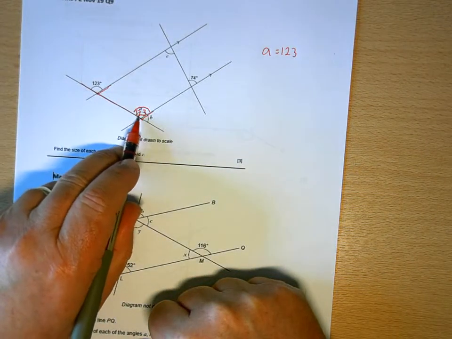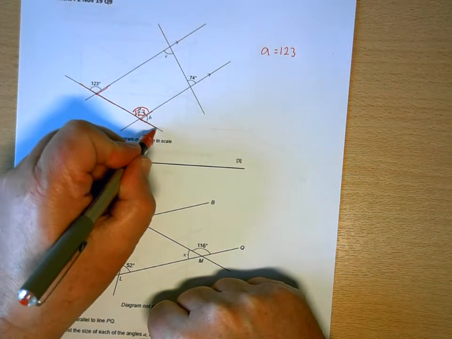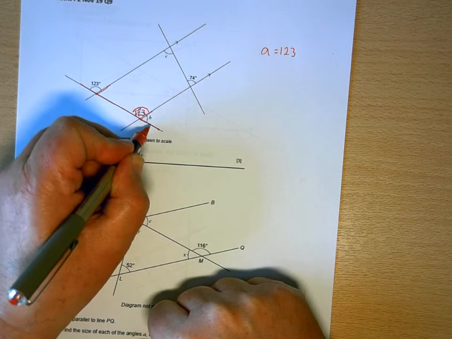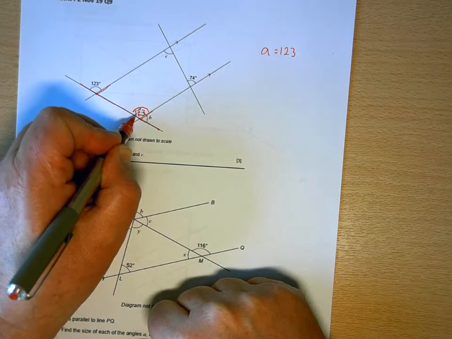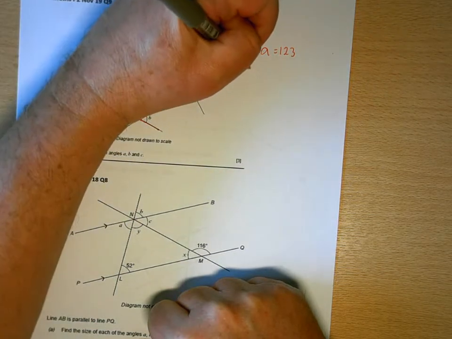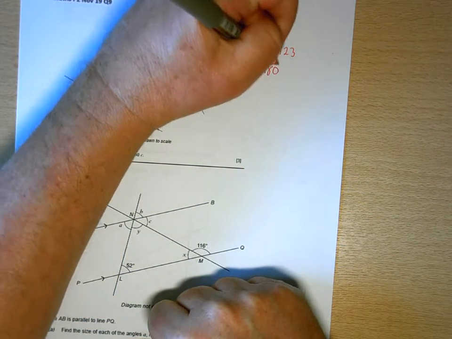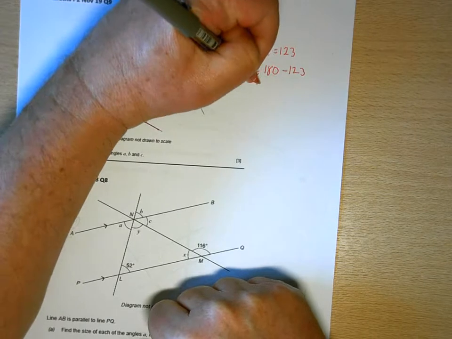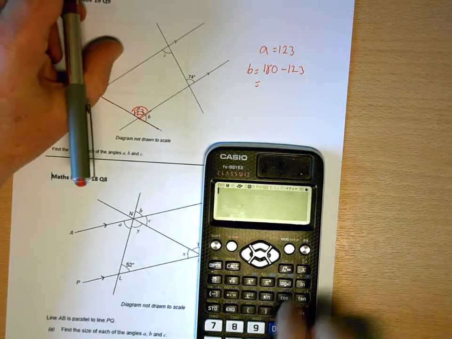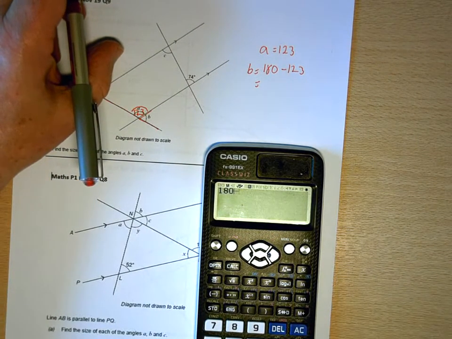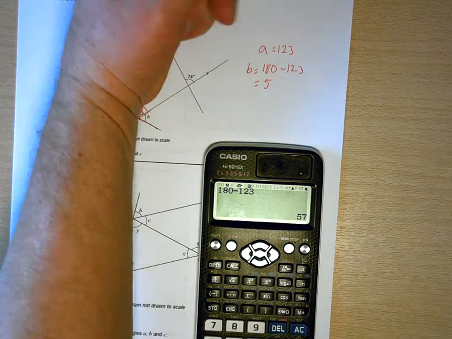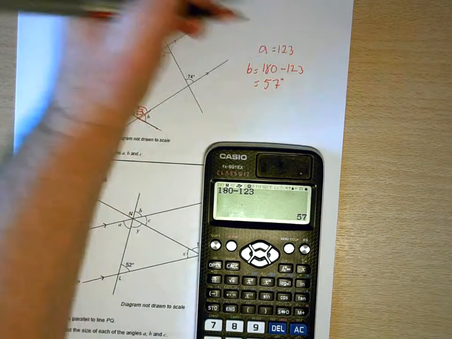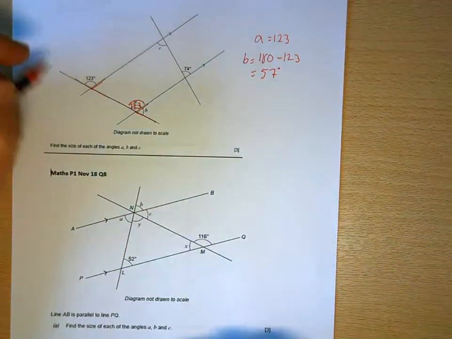Now 123 and B live on a straight line. So B is going to be 180 take away 123. So that's 57 degrees. Okay, so I know those.